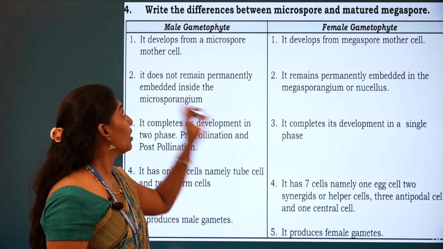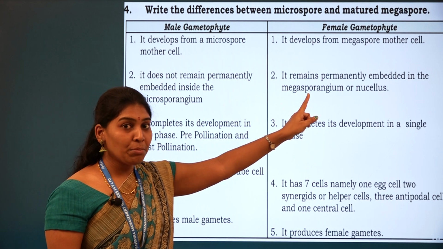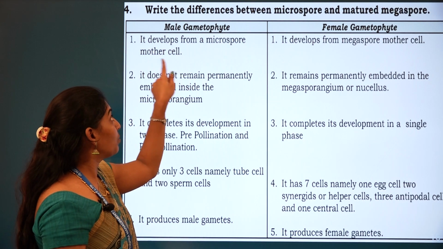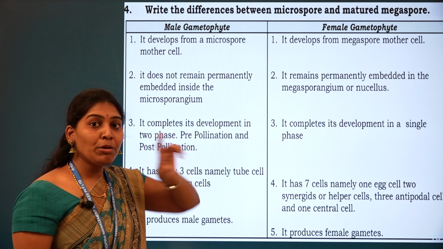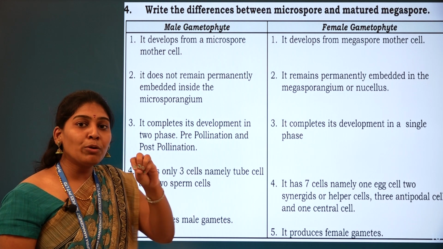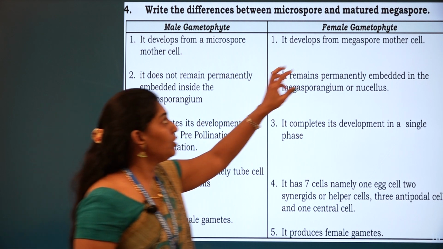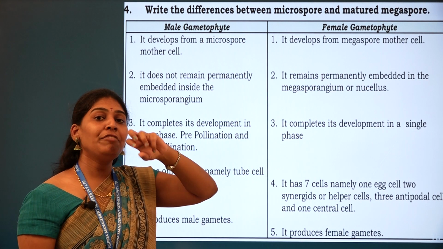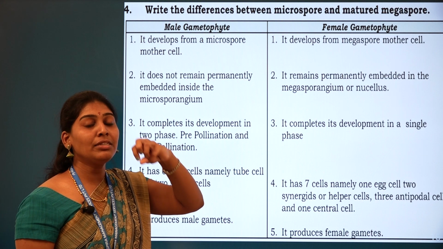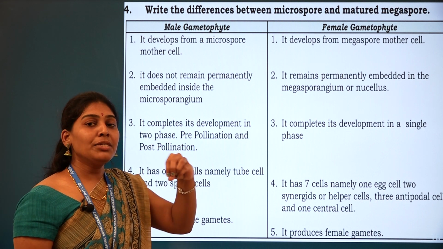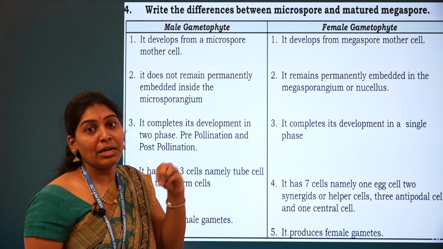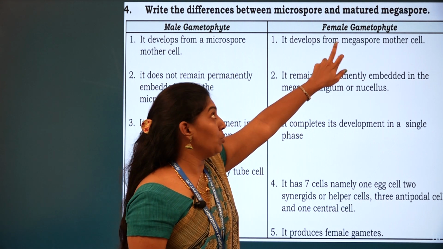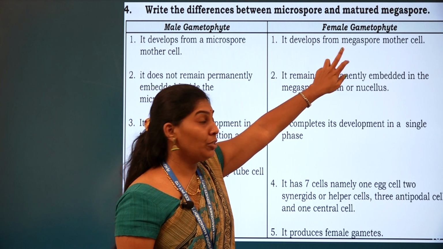The first point: it develops from the microspore mother cell, so microspores develop from it. The other develops from the megaspore mother cell; the female mother cell produces megaspores, which is the female gametophyte.